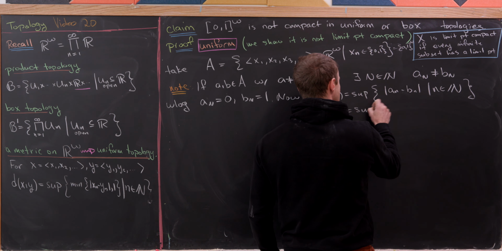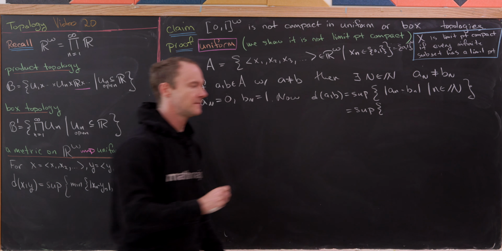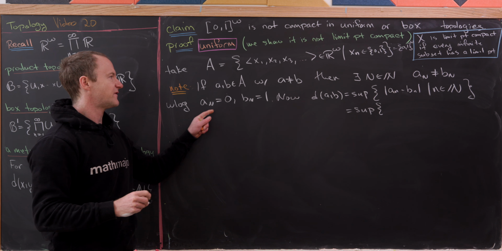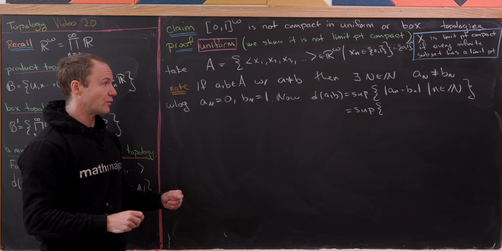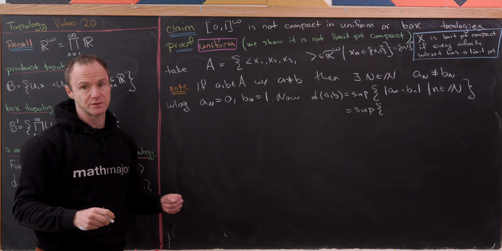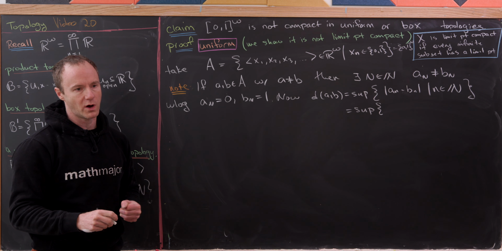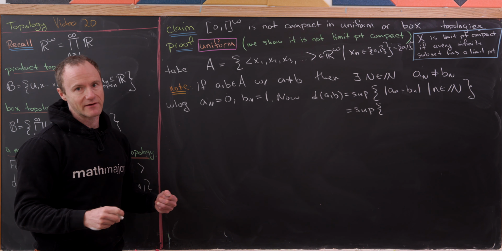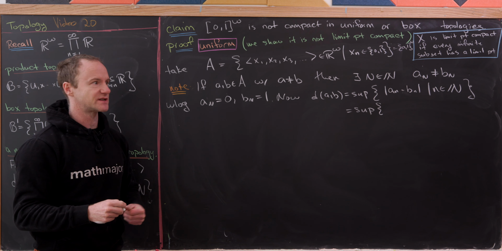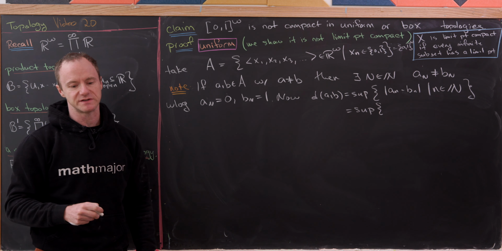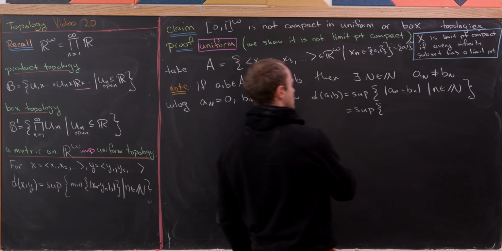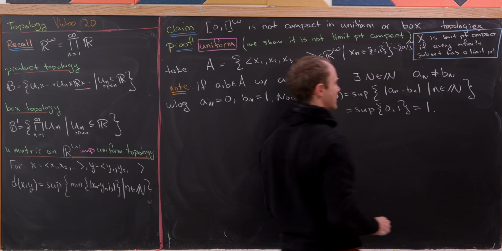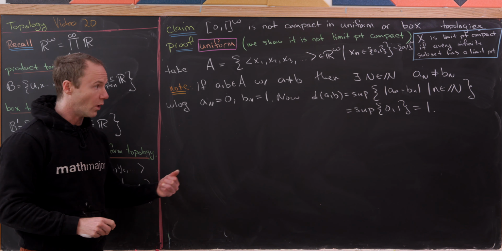But notice that that's going to be the supremum of one of two sets. If A and B differ everywhere, then this difference is always 1, and you're just taking the supremum of 1. If they differ not everywhere, then some of those differences are 0, but you're guaranteed one of those differences to be 1. So either way you look at it, this is the supremum of the set containing 0 and 1, which is 1.